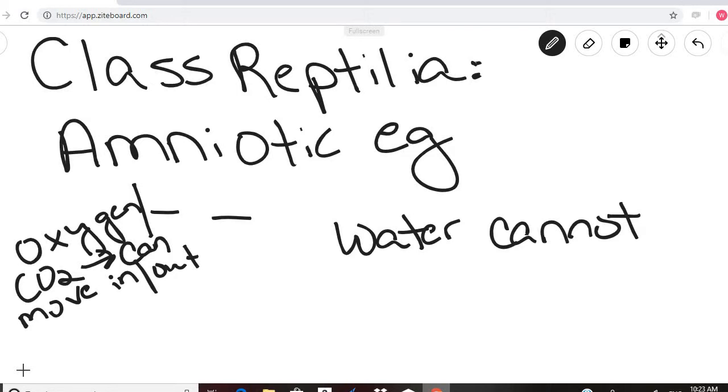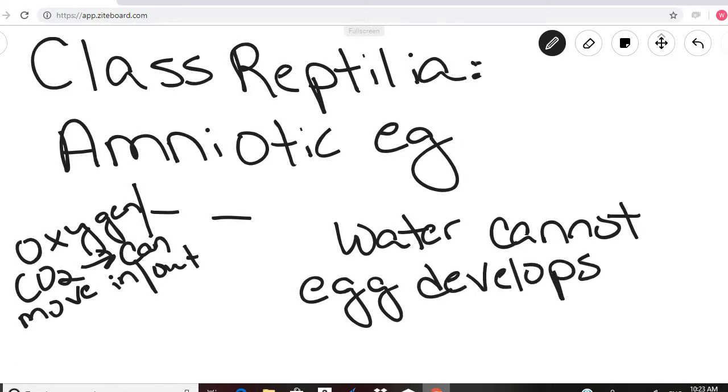And it means that the egg can develop on land. So the egg or the embryo develops on land, not in water, like we saw with the amphibians and fish.